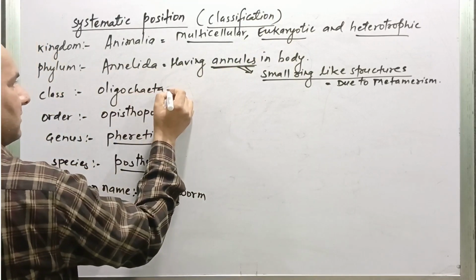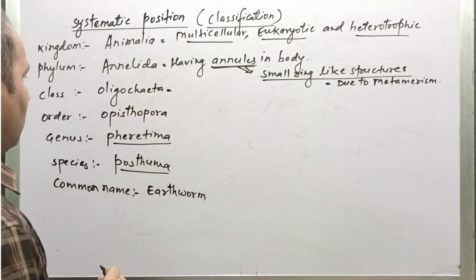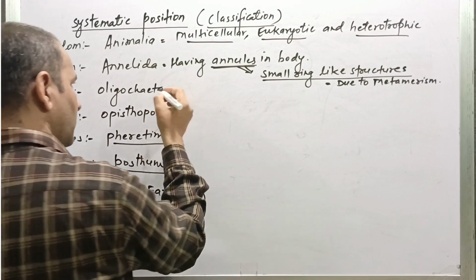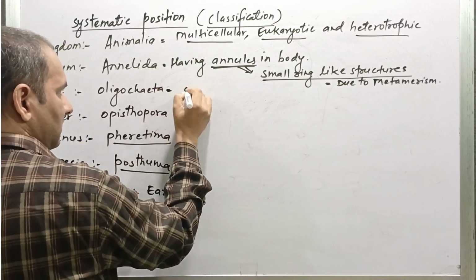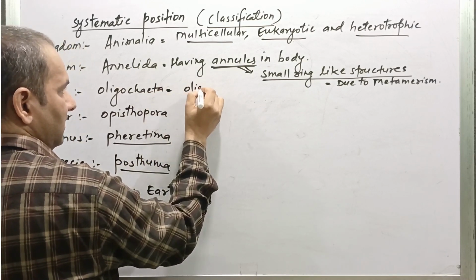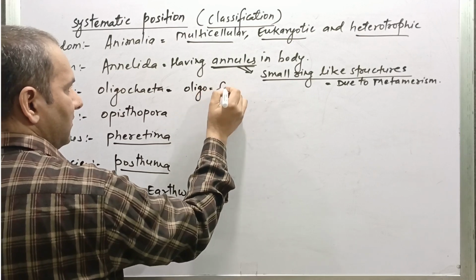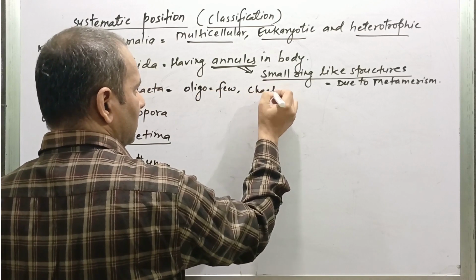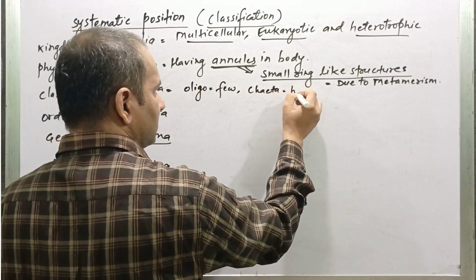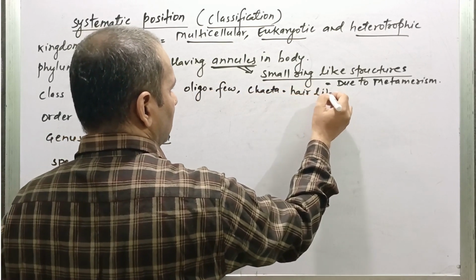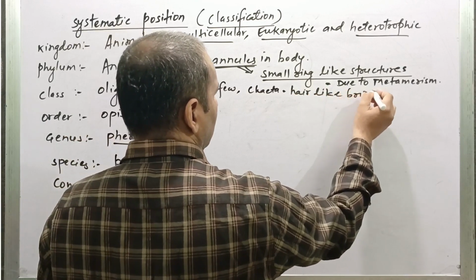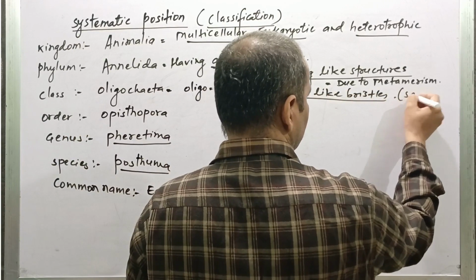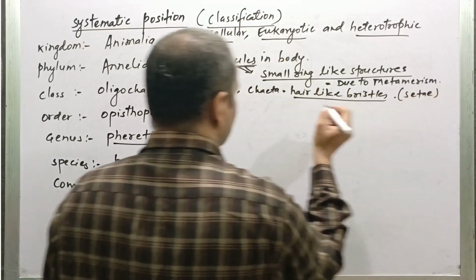Now the next term which is used here is Oligochaeta, which is the class of earthworm, and this Oligochaeta consists of 2 words. One is oligo. Oligo means few, and then chaeta. Chaeta means hair-like bristles. Hair-like bristles means its locomotory organelles.